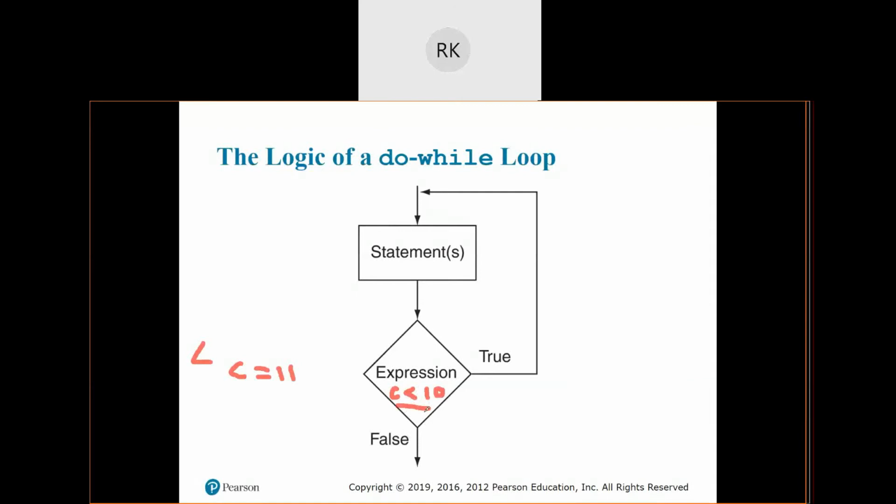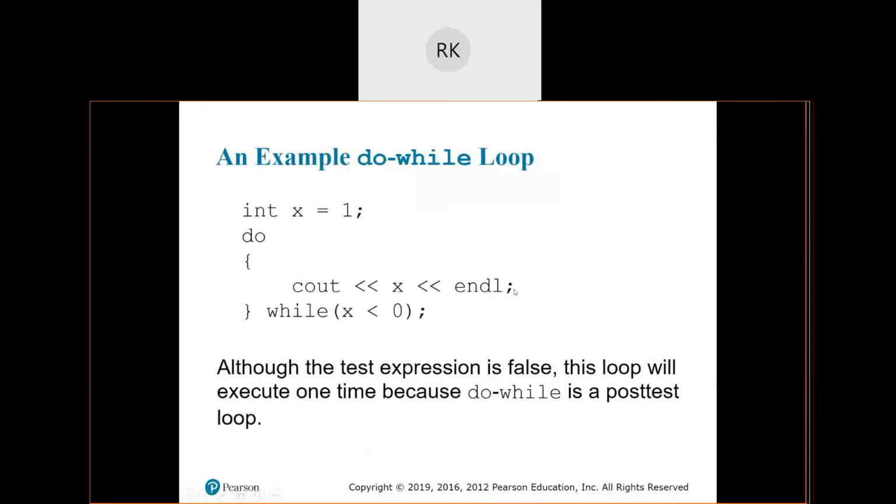At the very beginning the condition is false, but when the control comes, it will do the operation one time first, then it will check, and when the check is false, it will go out. So one time at least the loop will run, as opposed to the while loop. In a while loop, if the condition is false, it will never run. This is the only difference between while and do while.